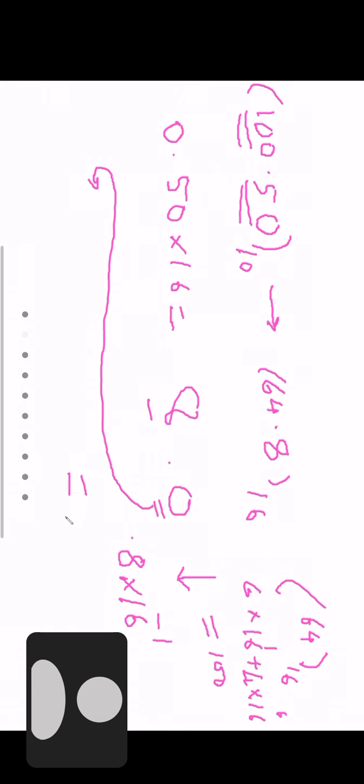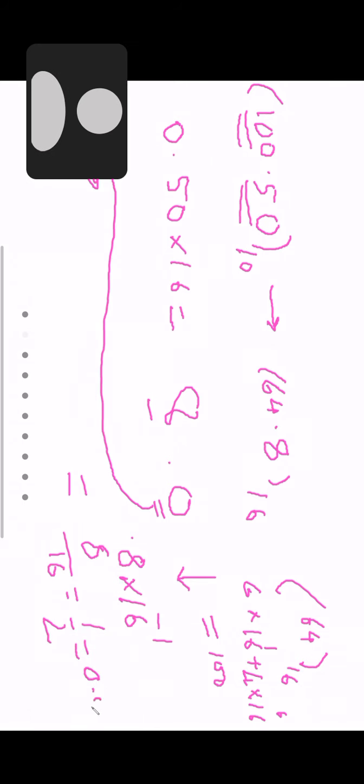So it comes out to be 8 divided by 16. That comes out to be 0.50. Is it okay? That's how the 100.50 decimal number is converted to 64.8, which has base 16. Is it okay?